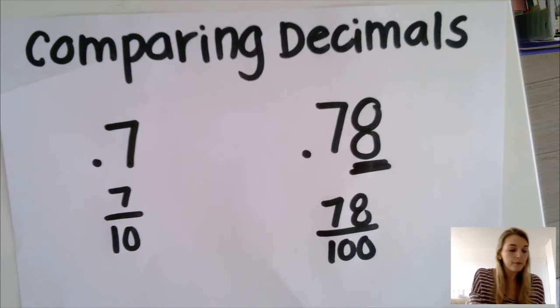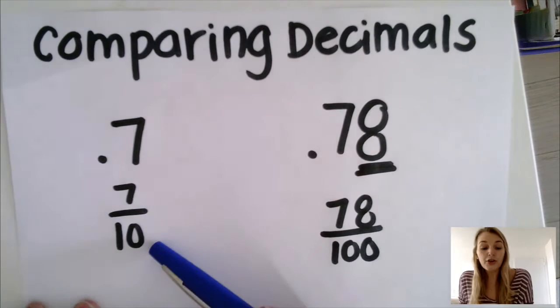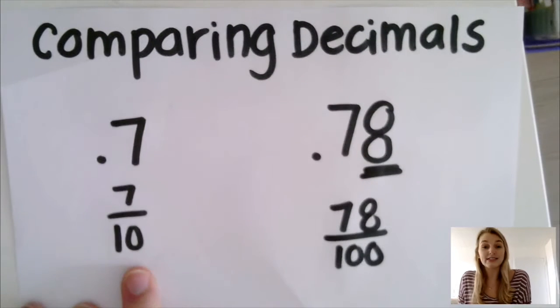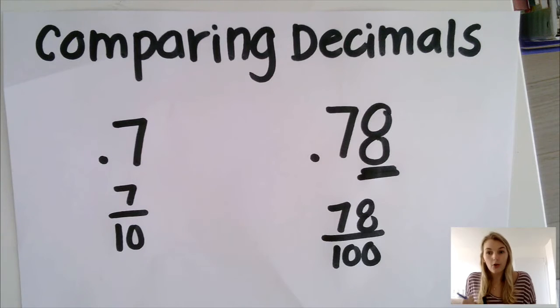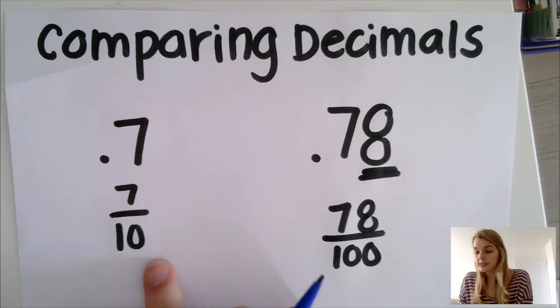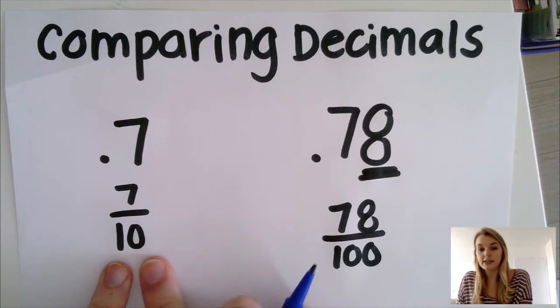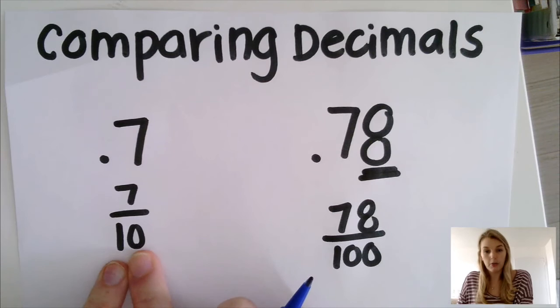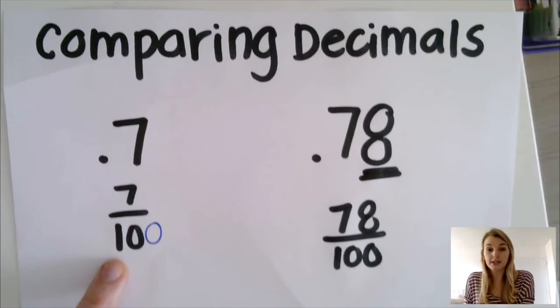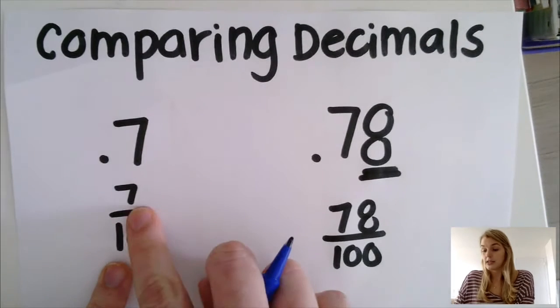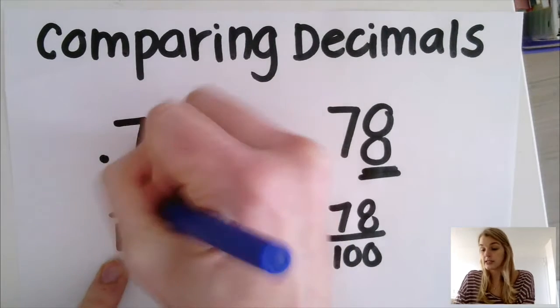If we have 7 tenths and we want to get to the hundredths place, what you do to the top, you do to the bottom. If I want to get this denominator to 100, I do 10 times 10 is 100, and now I have to do that to the top. 7 times 10 is 70.